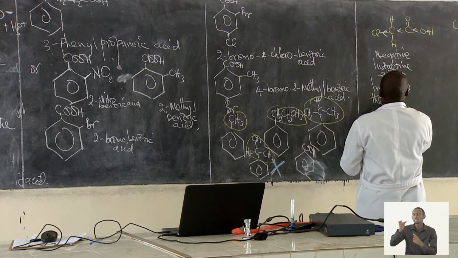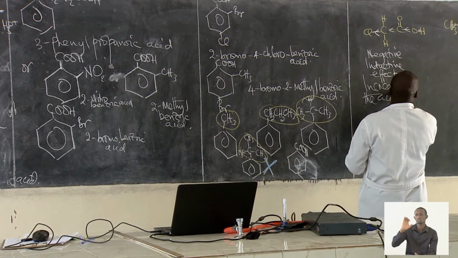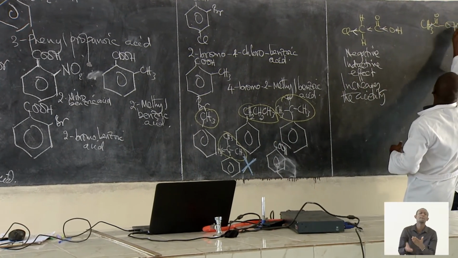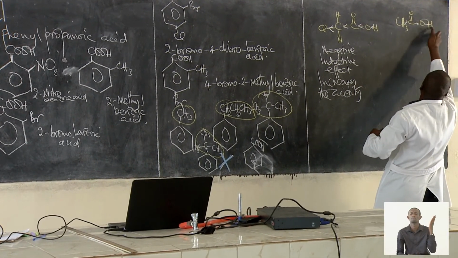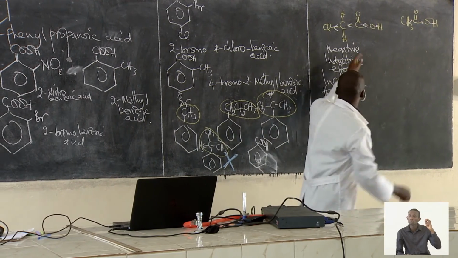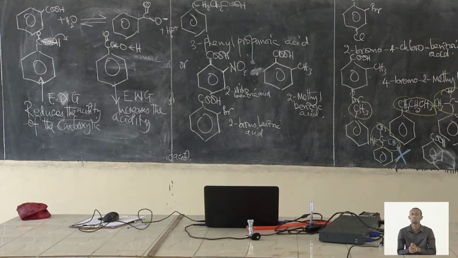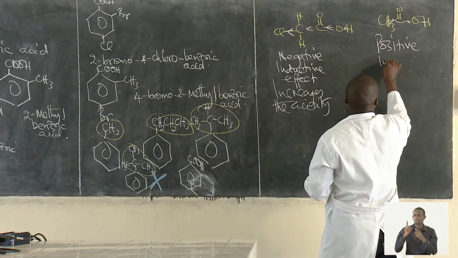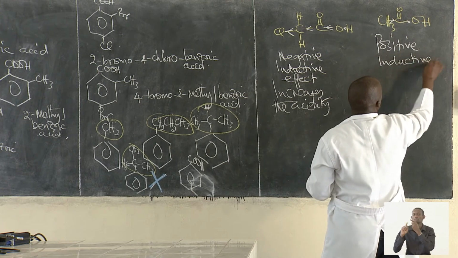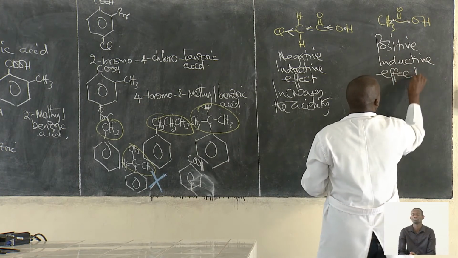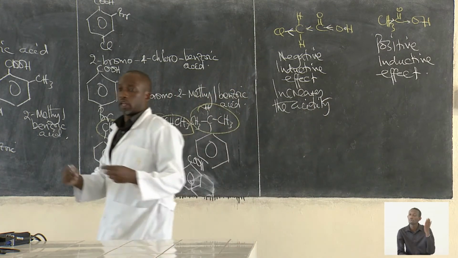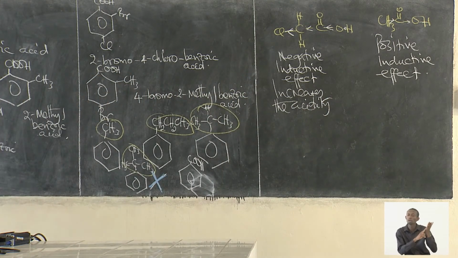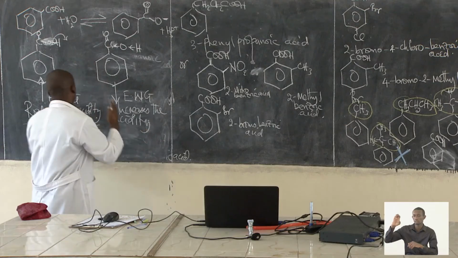Increases the acidity. What about here? Electrons are moving towards this hydrogen. This is positive inductive effect. So these words actually are used interchangeably with electron withdrawing and electron donating.